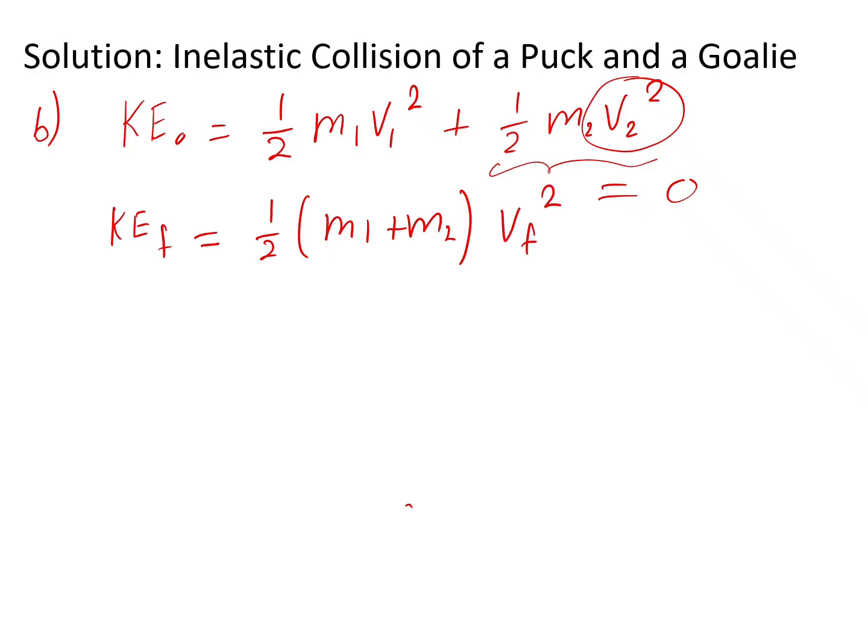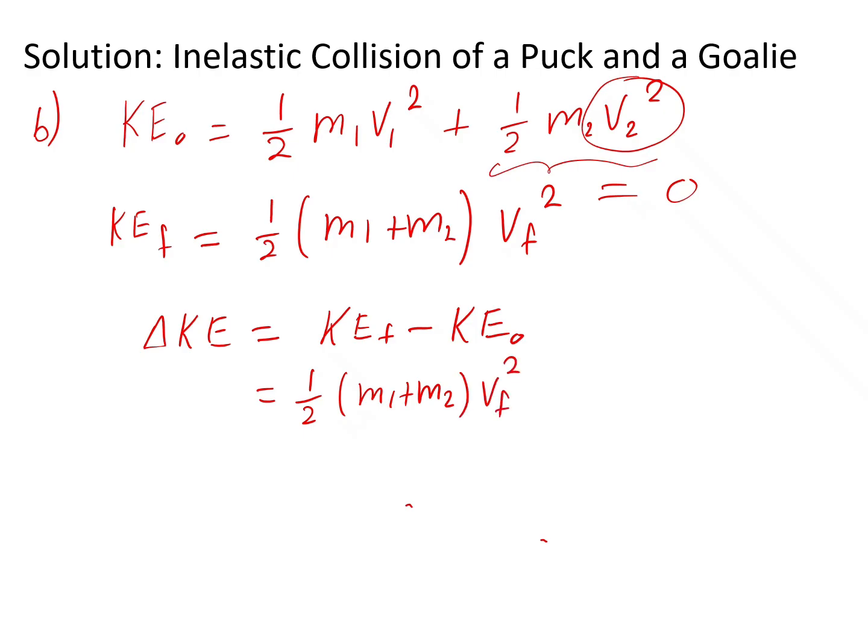Then to find the change in kinetic energy we can write KE final minus KE initial. So this is equal to half m1 plus m2 times v final squared minus half m1 v1 squared. And we can substitute the values.